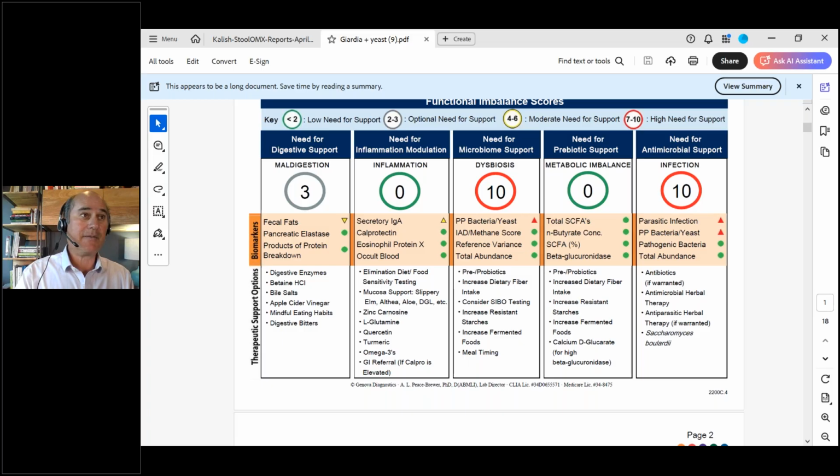And then here, fecal fat, that's obviously gallbladder related. Pancreatic elastase, that's obviously pancreatic enzyme related. And then products of protein breakdown, that's code word for stomach acid. So there's your gallbladder marker, pancreatic enzyme marker, and stomach marker for the organs.